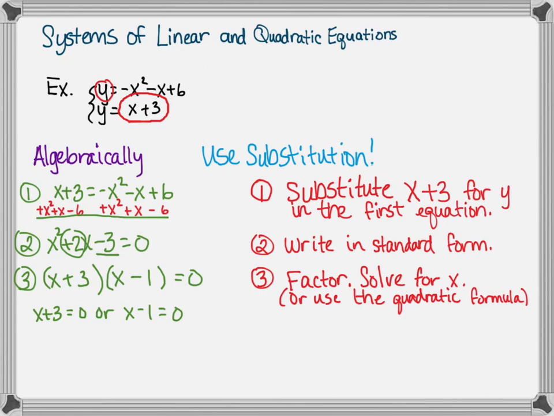So x plus 3 equals 0, or x minus 1 equals 0. And we'll solve for x. In the first equation, I'll subtract 3 from both sides, and I end up with x equals negative 3. In my second equation, I'll add 1 to both sides, and I end up with x equals 1. So x equals negative 3, or x equals 1.